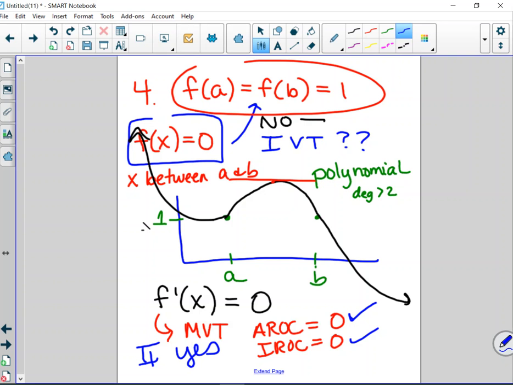Three is a concavity question. Am I going to have a potential point of inflection? Do I have to have a change in concavity?